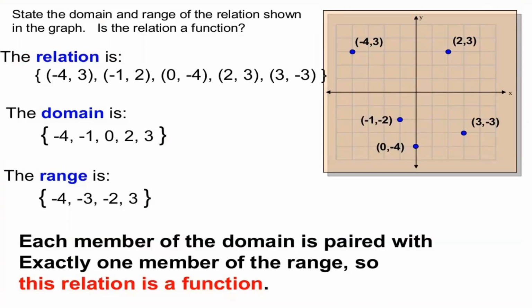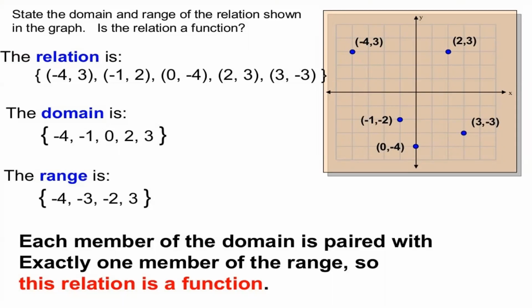Next is: state the domain and range of the relation shown in the graph. Is the relation a function or not? Let's have a practice. State the domain and range of the given relation shown in the graph. Is the relation a function? You already know what a function is, or how to identify a function using mapping.